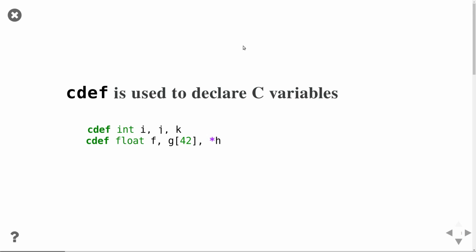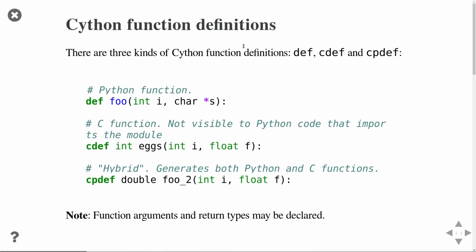In the next line, we create, again, C variables of type float. We create a floating value, then we create an array. And here we create a pointer to a float, which is a concept that is used in the C language. So this is how we can define them.